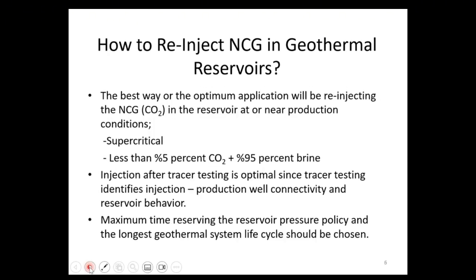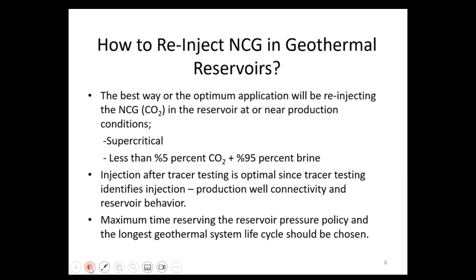Now we see we have to re-inject, and now it becomes a question of how you're going to re-inject. When you produce from natural reservoir conditions, CO2 is in a supercritical state, but after you bring it to the surface, since the pressure at the wellhead is usually much less than 76 bar, and specifically when you go after your condensate, it is much lower pressure and temperature.